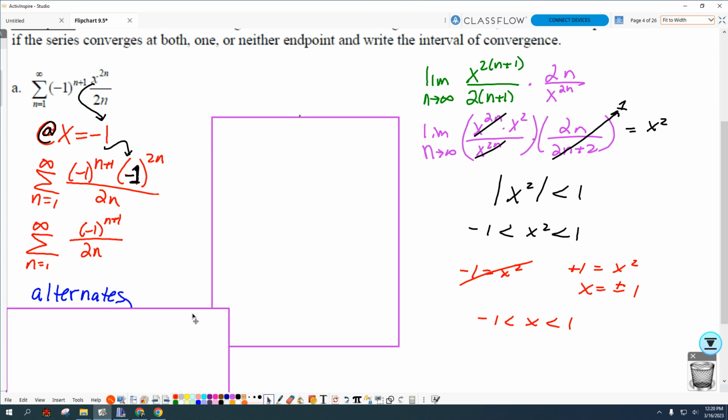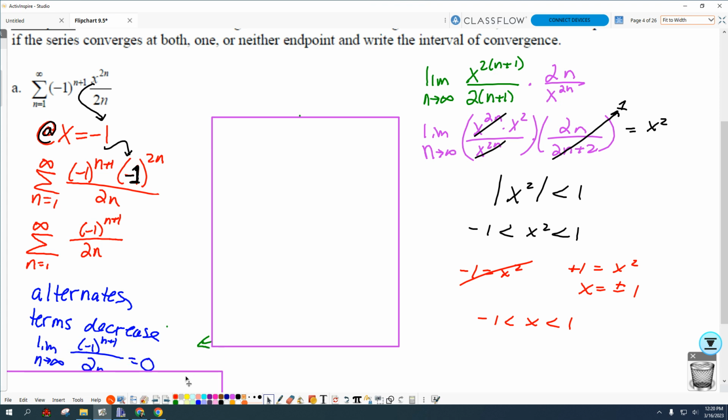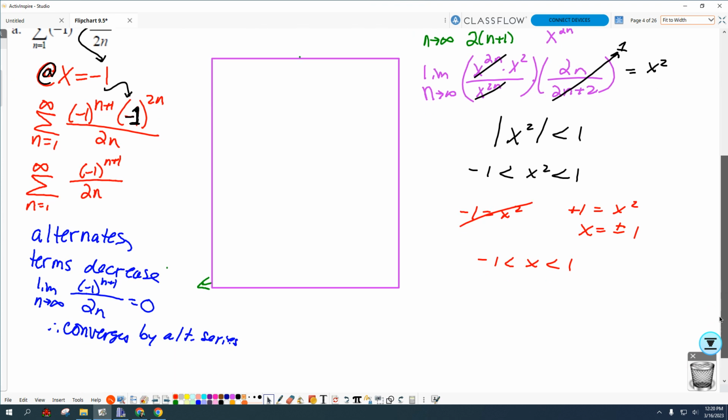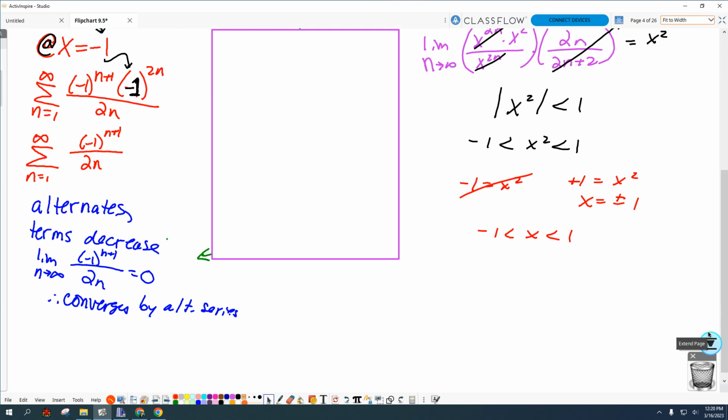It alternates, the terms decrease, u sub n plus 1 is less than or equal to u sub n, and as n approaches infinity, the last term goes to 0. So all of that work is needed to just do this. It could have equaled 1. All of that. And you know what? We get to do it all over again.